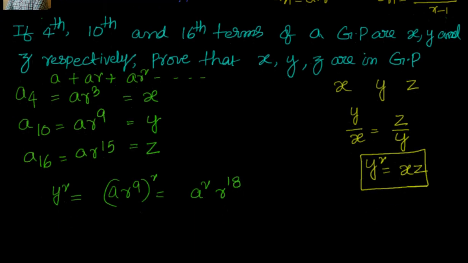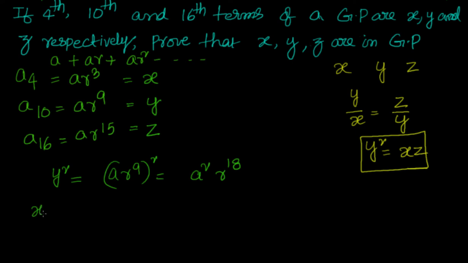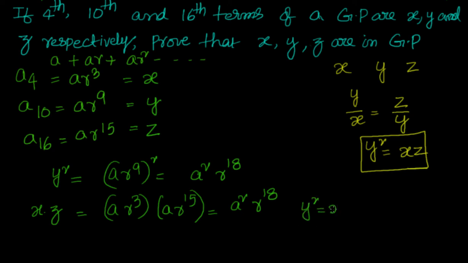Now let us find out x into z. x into z is a r cube into a r to the power of 15, that's equal to a square into r to the power of 18. So you can see y square equals xz. y square equals xz proves that y by x equals z by y. That proves that x, y, z are in geometric progression.